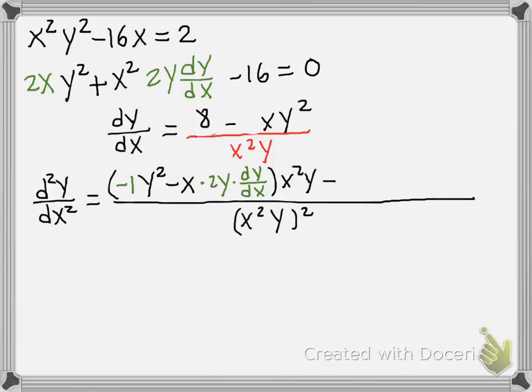And then we subtract the numerator times the derivative of the denominator. Again, product rule, we get 2x times y plus x squared times dy over dx.